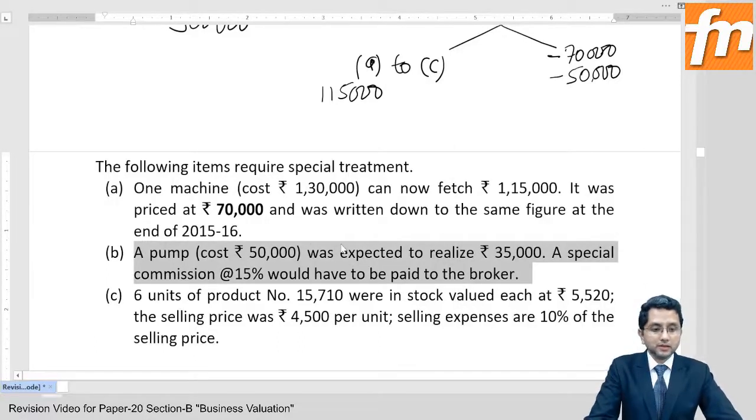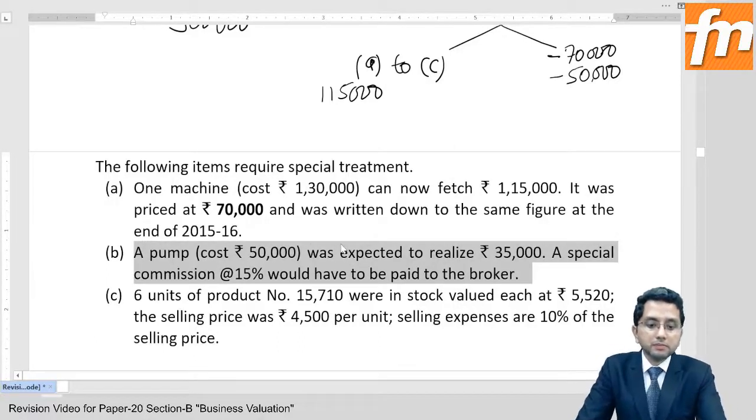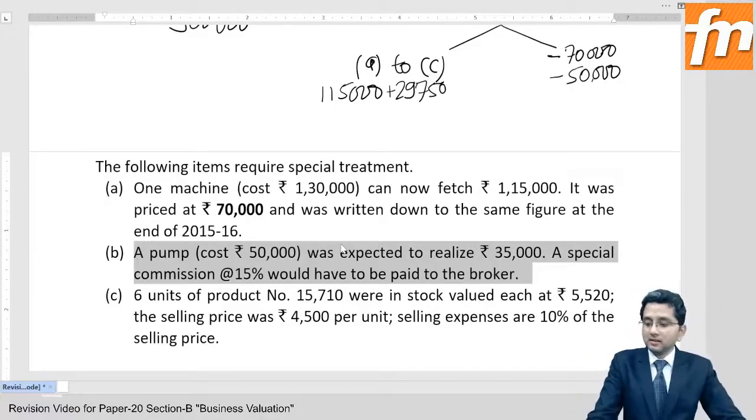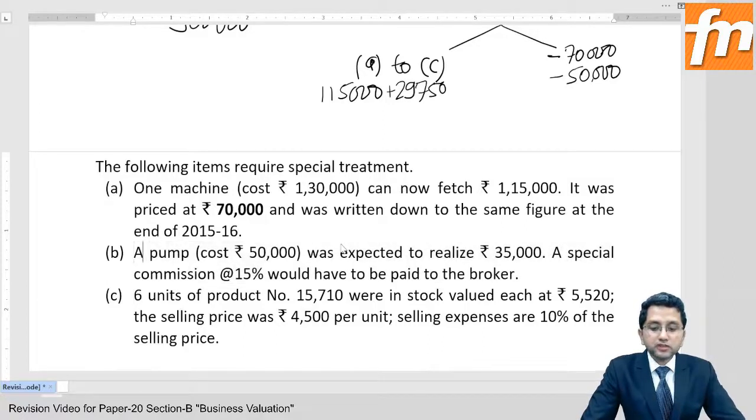That is 29,750, right? So this is plus 29,750. And there is no separate book value, so we are assuming that this item currently is included at a book value of 50,000 rupees, right?